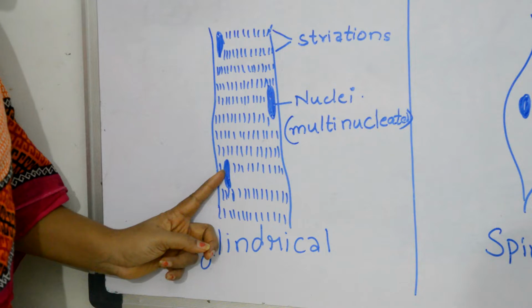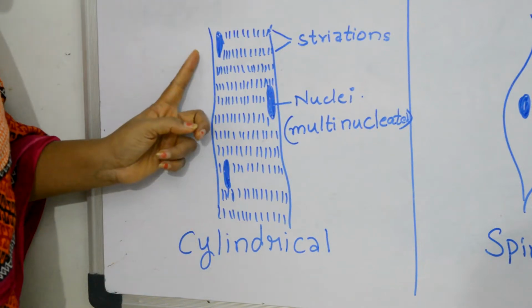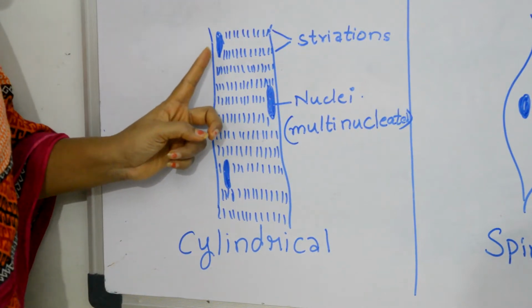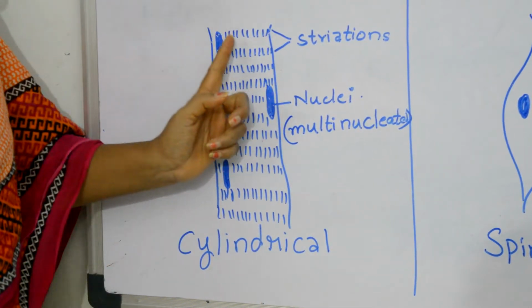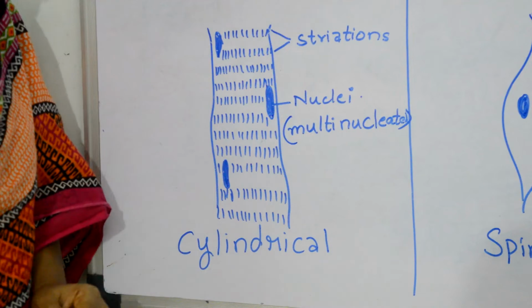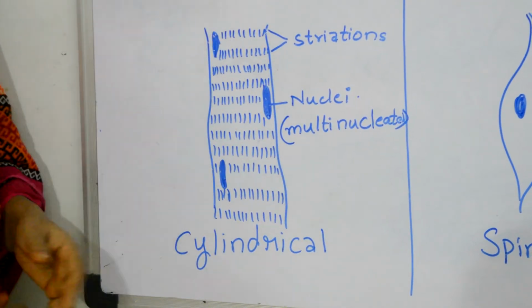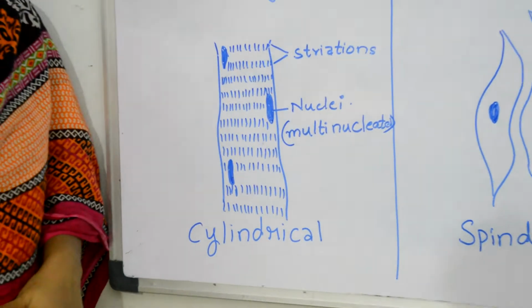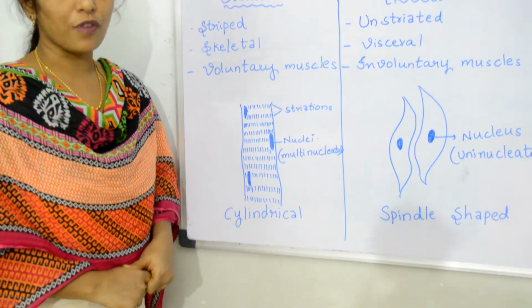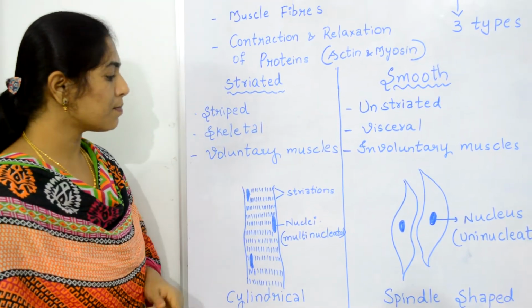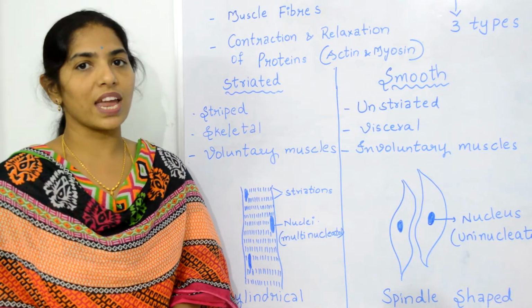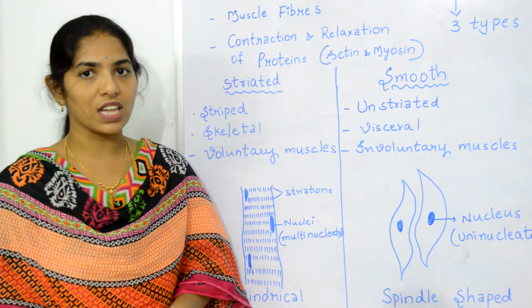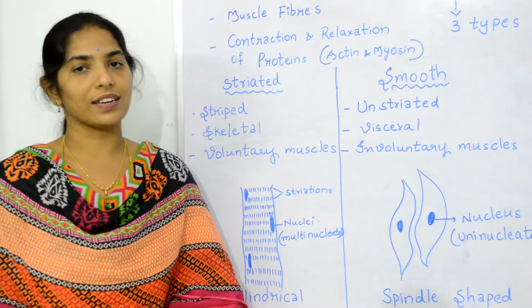They are multinucleated, and the nuclei are located just beneath the plasma membrane, and you can find striations. This is the structure of striated muscle. And the function of striated muscle is giving voluntary movements. So any voluntary movement in our body is because of striated muscle.